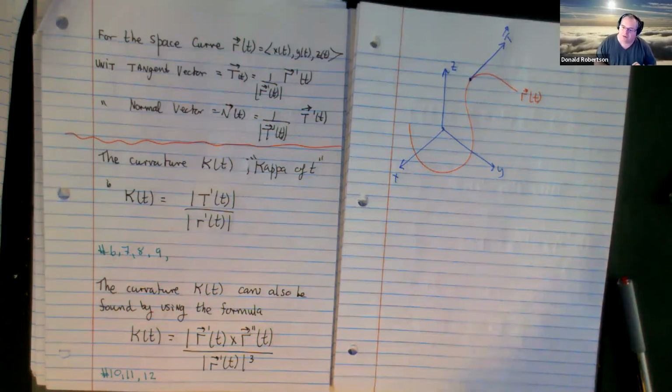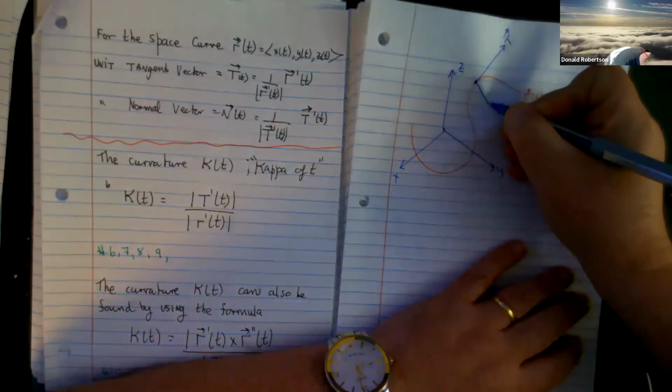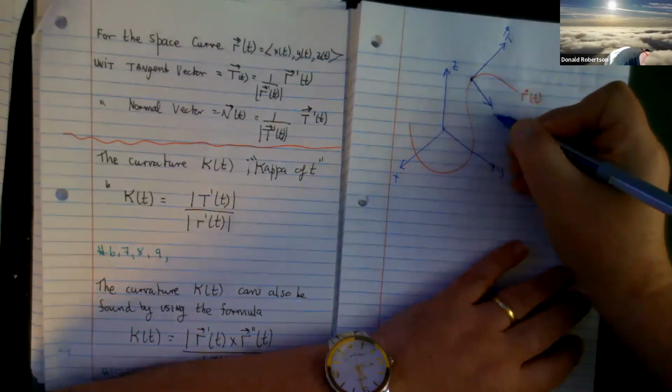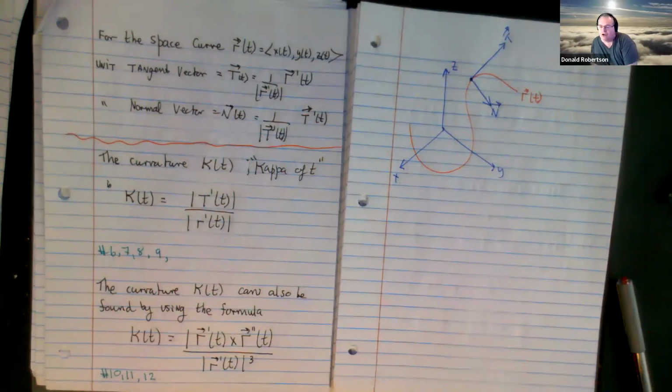Now, there are 2 other major forces involved in an object moving in 3-dimensional space. There is that guy there. That's what your unit normal looks like.